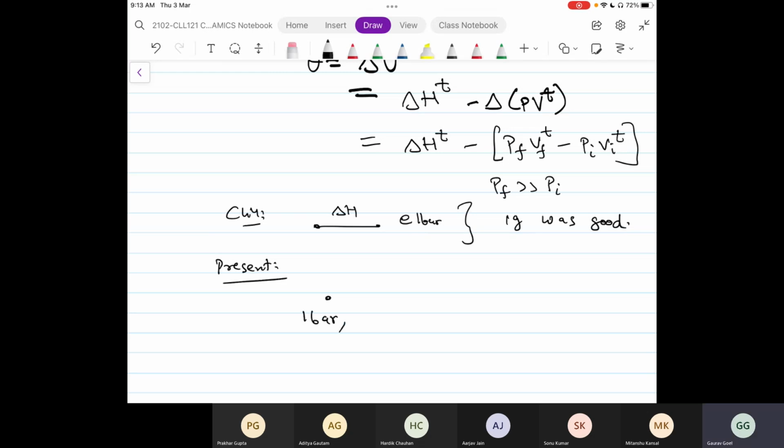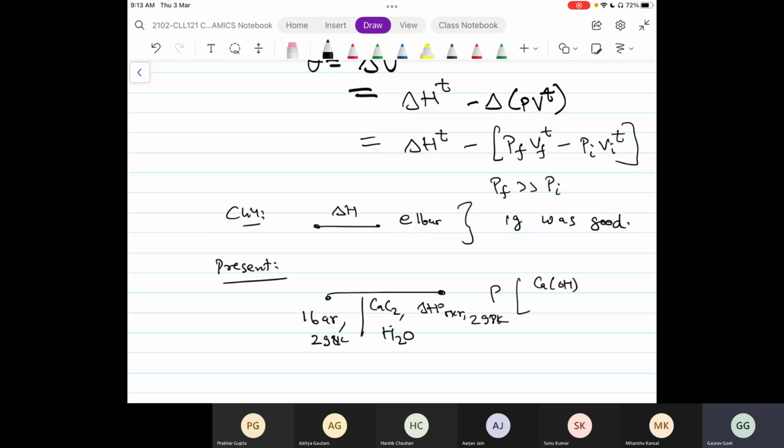You are starting at 1 bar and 298 Kelvin. Your feed is calcium carbide and water. You will carry out the reaction at 298 Kelvin. You will get your products.